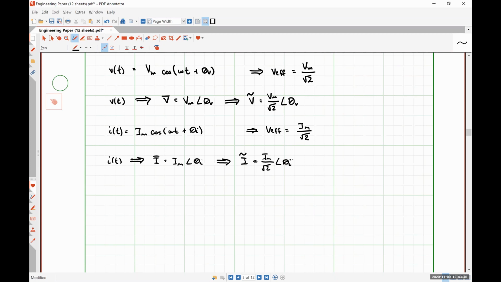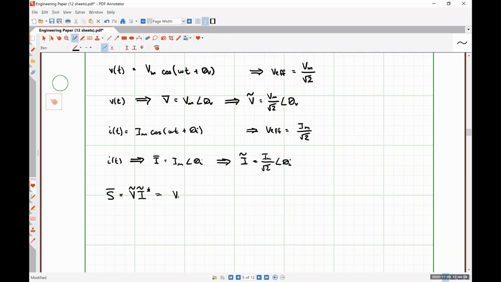All right. Our complex power definition, S bar, is simply the RMS phasor voltage times the complex conjugate of the RMS phasor current. That is how power engineers have defined complex power. Right?